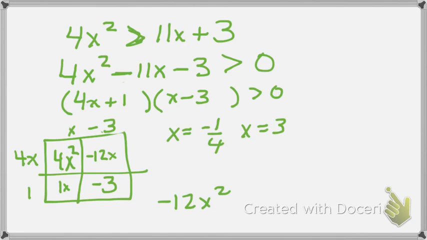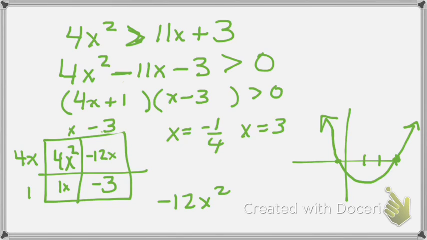I've got a happy face parabola that crosses the x-axis at 3 and -1/4. So if I draw a happy face parabola through those two points, my graph is going to look like this, right?